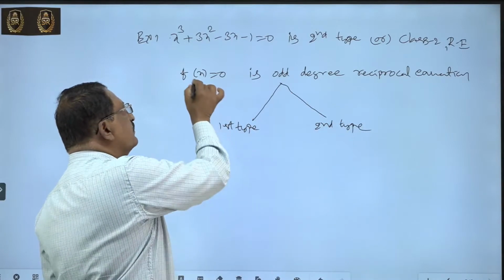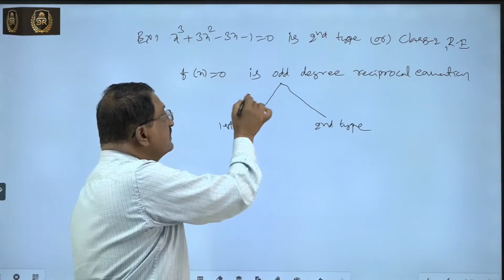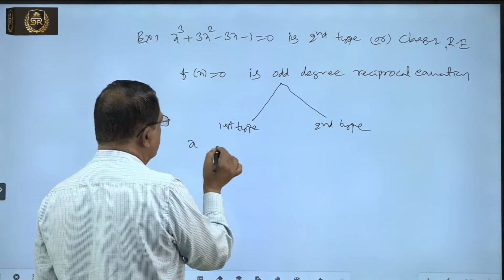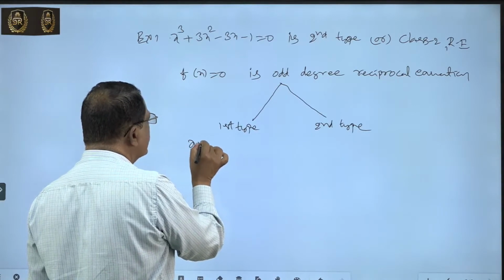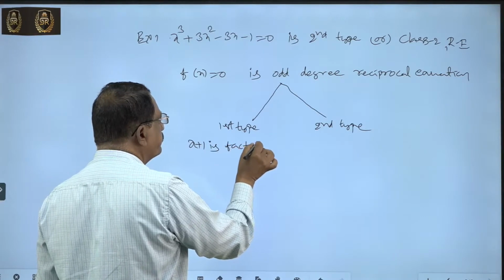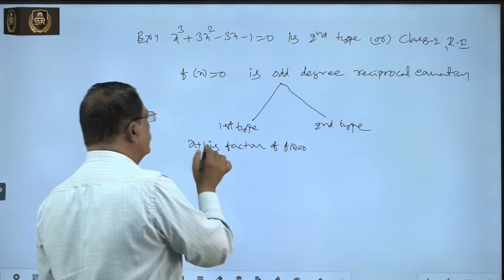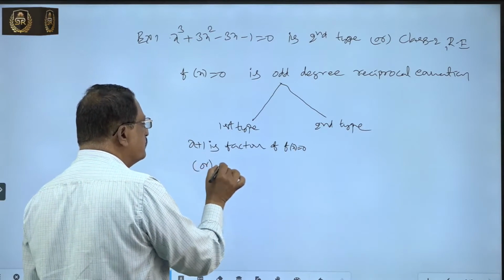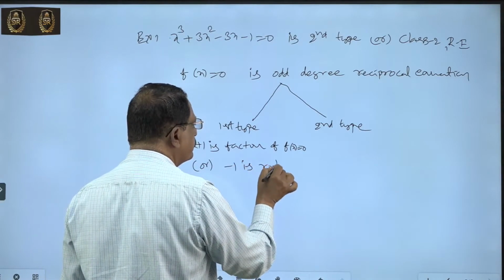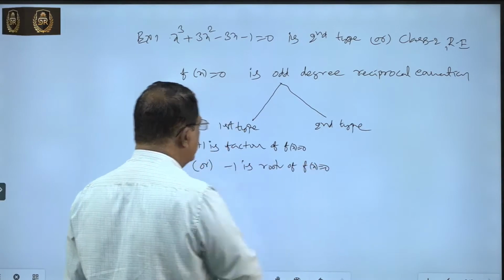Now if f of x equals 0 is a first type reciprocal equation, then always x plus 1 is a factor of f of x equals 0, or minus 1 is a root of f of x equals 0.